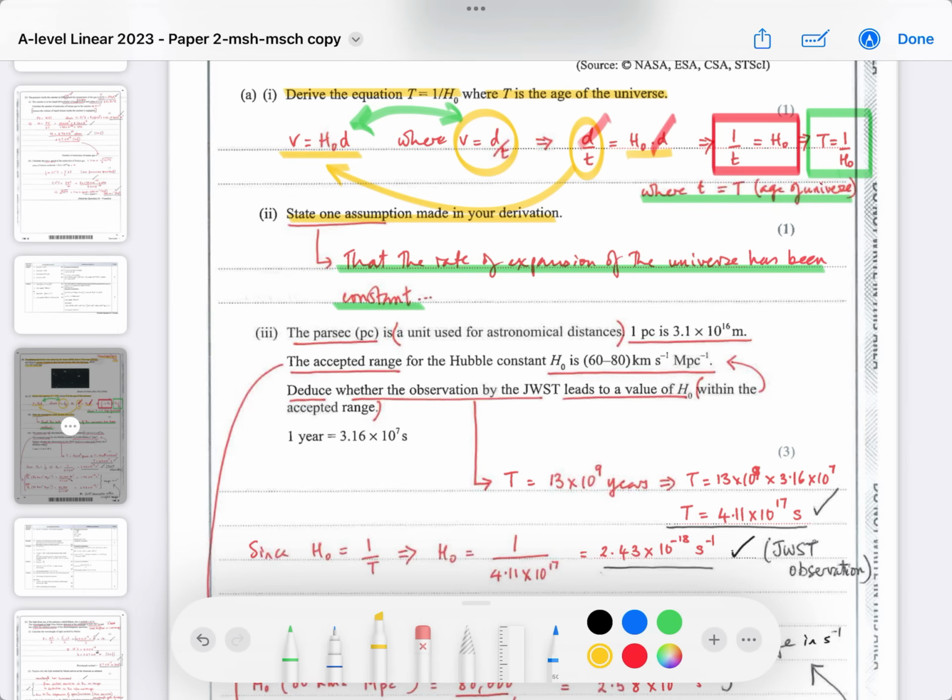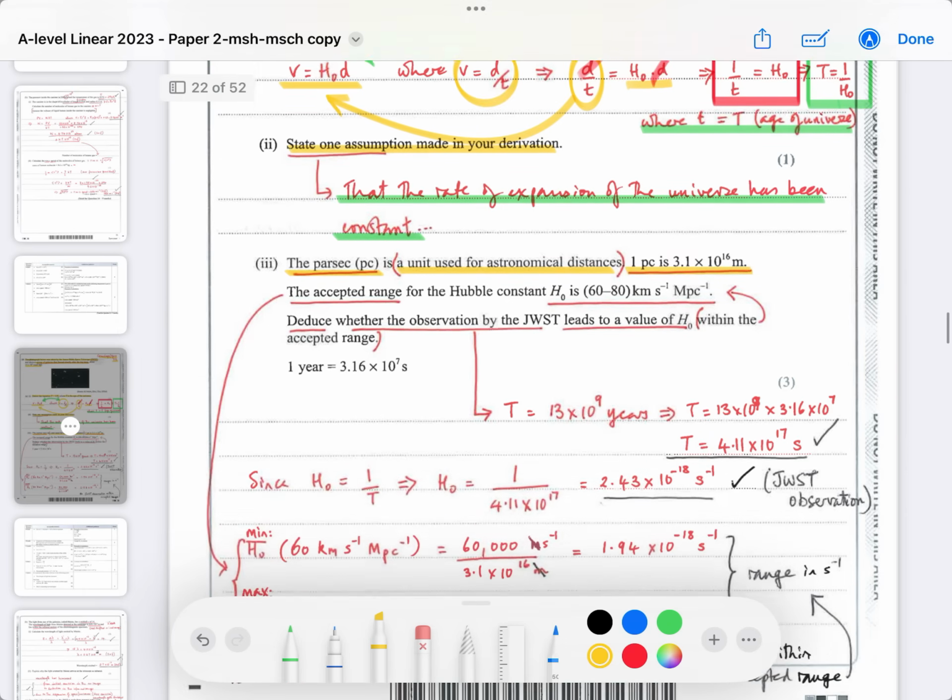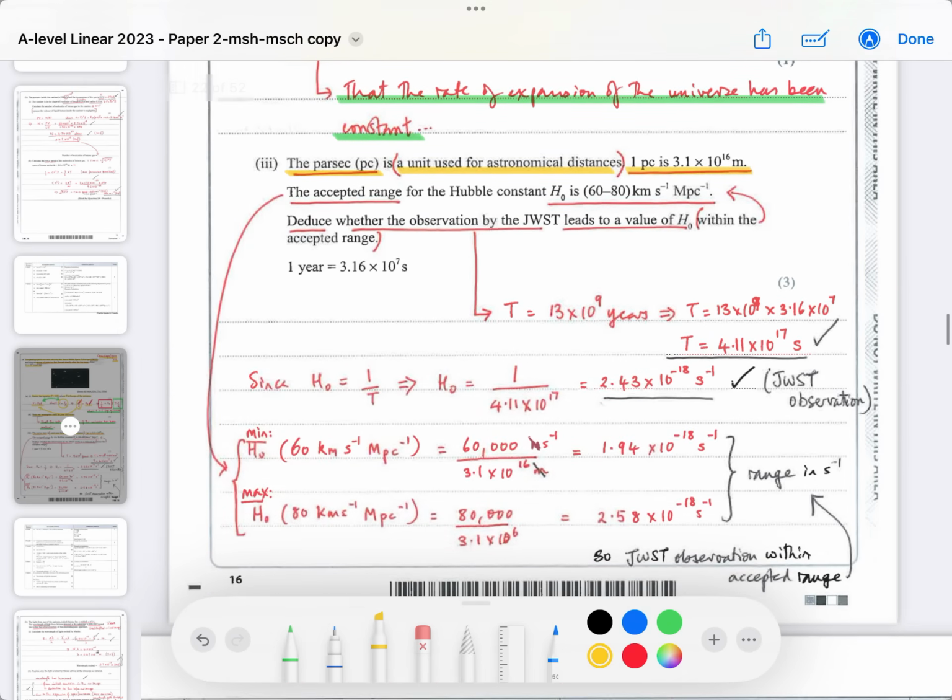Now here they're talking about units. The parsec is a unit of astronomical distances, and a parsec is this much in meters. You can look up a definition of a parsec later, but for the sake of brevity, we'll continue with this video. It's a parallax second, something to do with the parallax method.